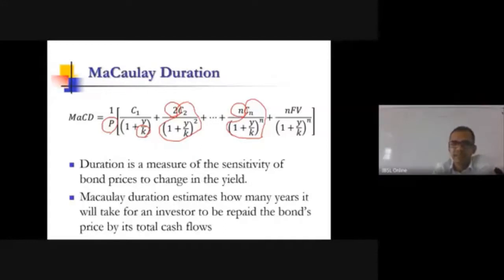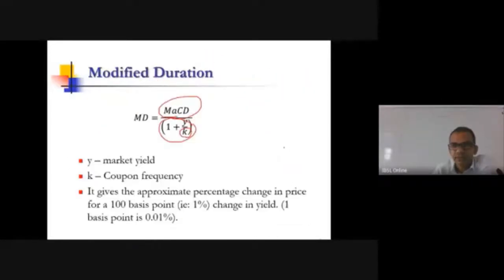In this presentation, K is used to represent the frequency of the coupon flows. So this is the definition of modified duration: Macaulay duration divided by 1 plus Y. It is adjusted for the current yield. Then this figure is very easy to interpret and has a very practical meaning.